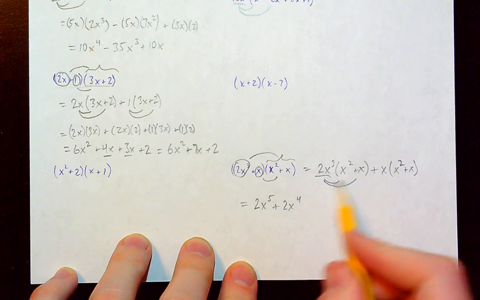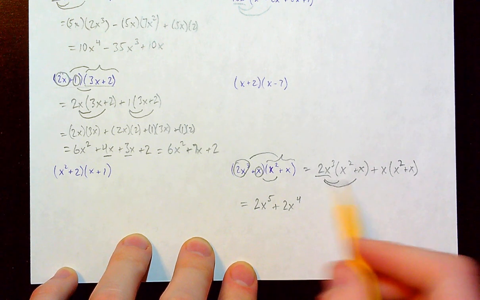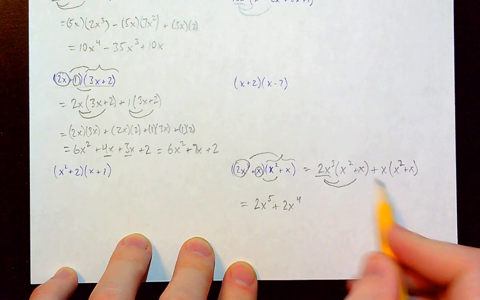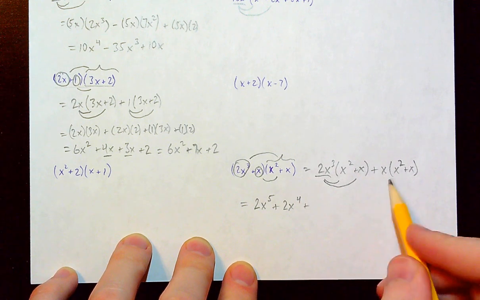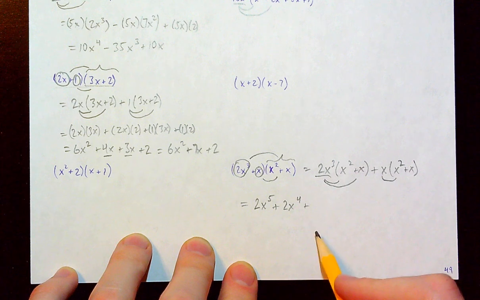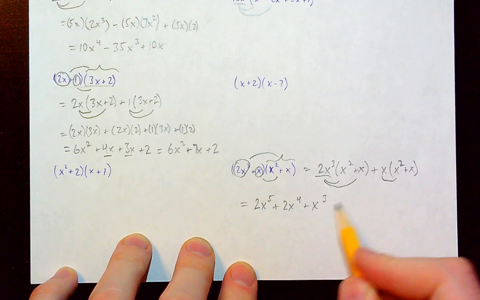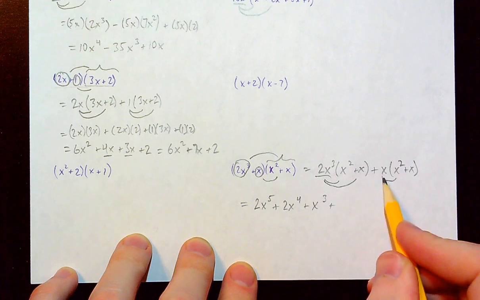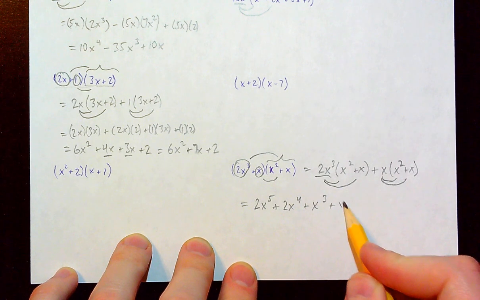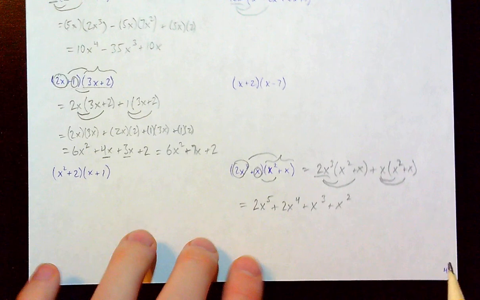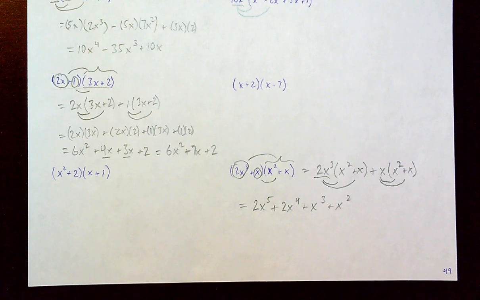So those are those two terms. That's simplifying this here. Now plus x times x squared, which gives me x to the 3rd, and then plus x times x, or x squared. There are no like terms here, so we can't simplify it any further. This is just what it is.